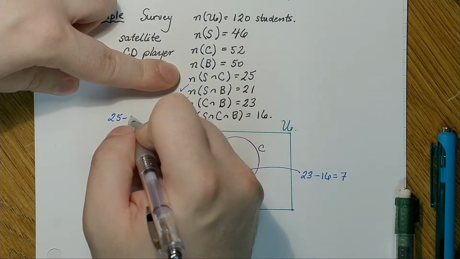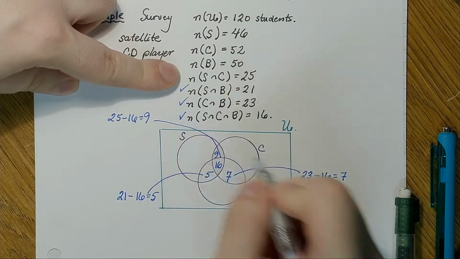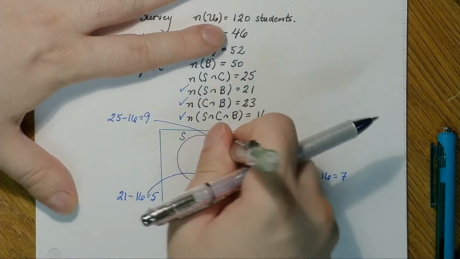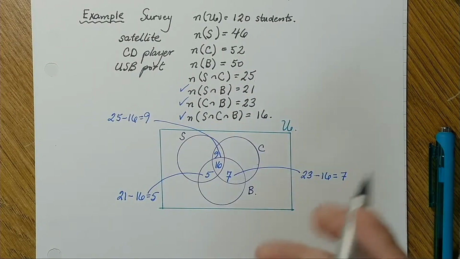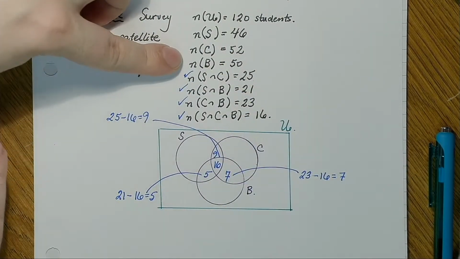So 25 minus 16, that leaves you with 9. So in this right here is 9. Okay, so that's good. And now we're left with the individual sets.